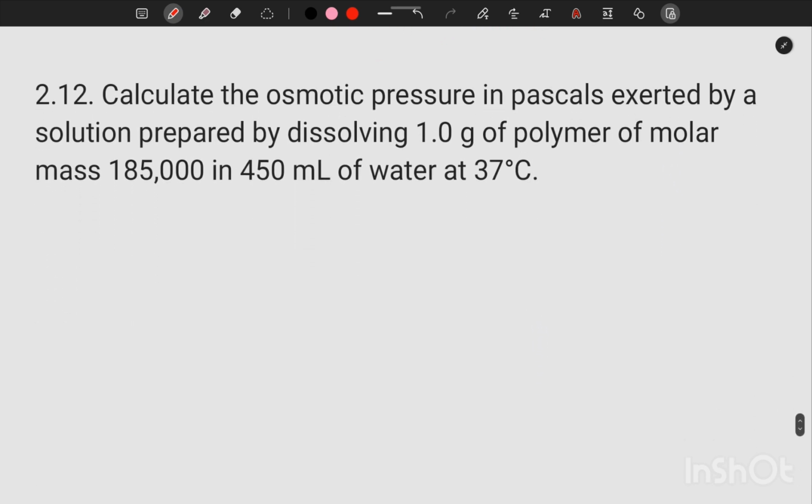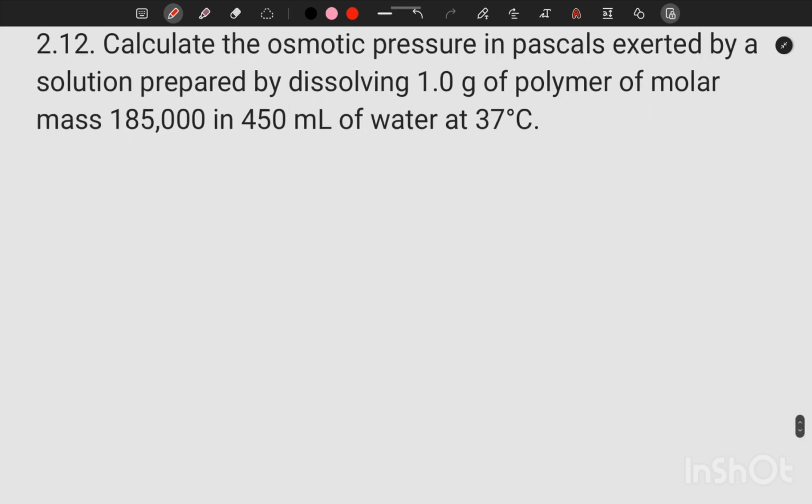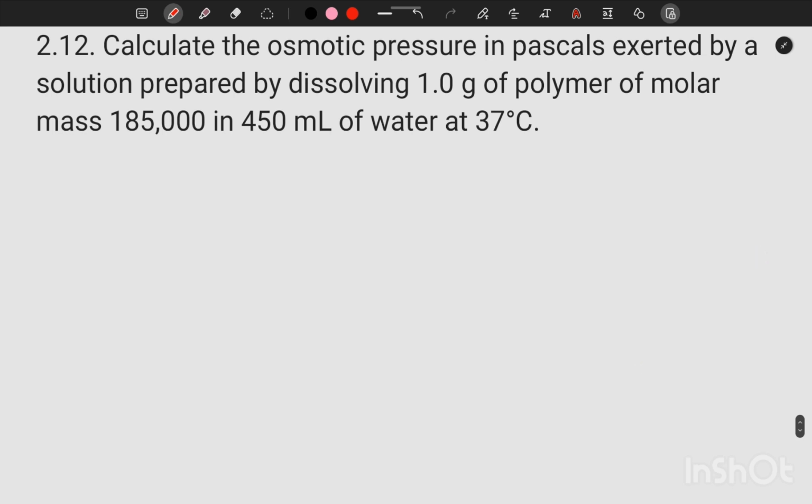Then next question. Calculate the osmotic pressure in Pascal exerted by a solution prepared by dissolving 1 gram of polymer of molar mass 1,85,000 in 450 ml of water at 37 degree Celsius. So we have to calculate the osmotic pressure pi. We know pi is equal to CRT. Here C stands for molarity, that is number of moles divided by volume of solution in liters. So first let us calculate the number of moles of the solute.